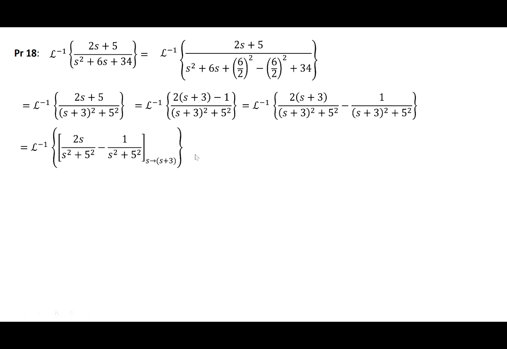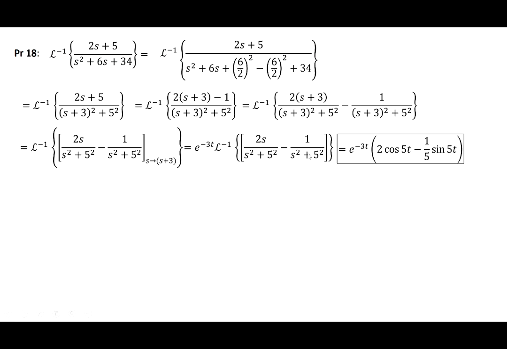So we'll say e to the negative 3t times Laplace inverse of the inside stuff. I don't need to put s shifted by s plus 3 any longer because I've accounted for that by multiplying by e to the negative 3t. So this is straightforward. 2 cosine 5t and 1/5 sine 5t would be the Laplace inverse of that. That you should know from the last section.